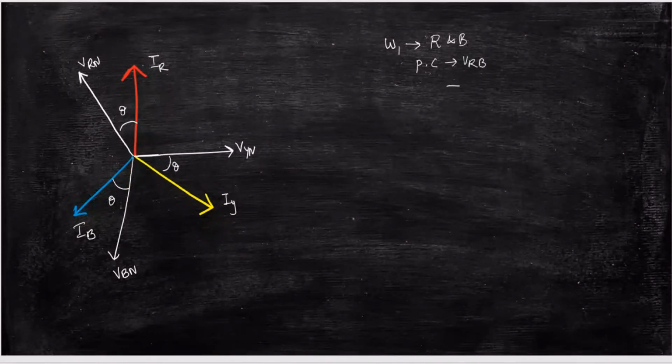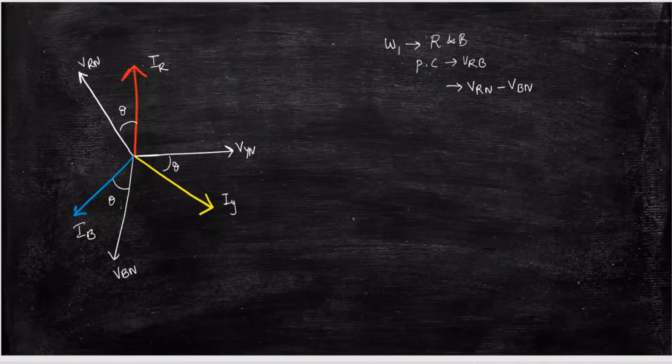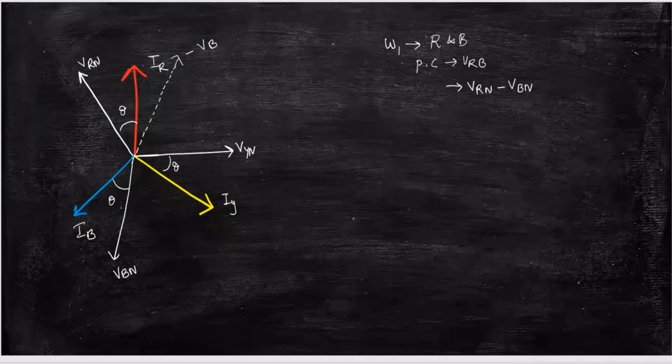VRB is nothing but VRN minus VBN. So what is VRN? This one. What is VBN? This one. So minus VBN will come like this. This is your minus VBN.